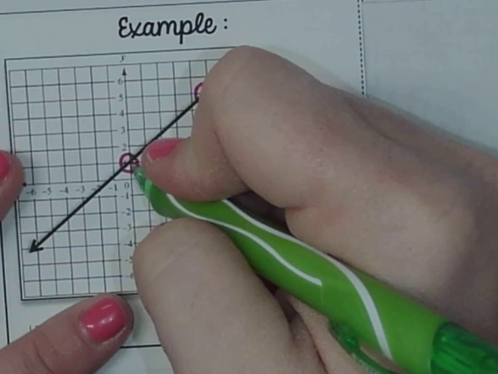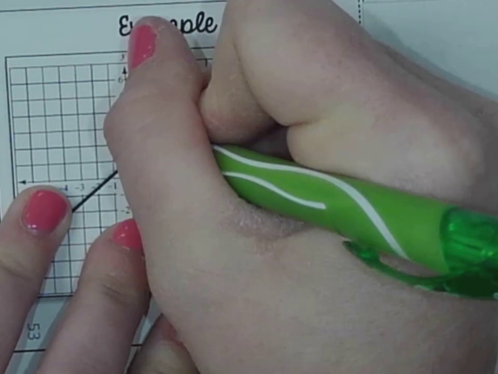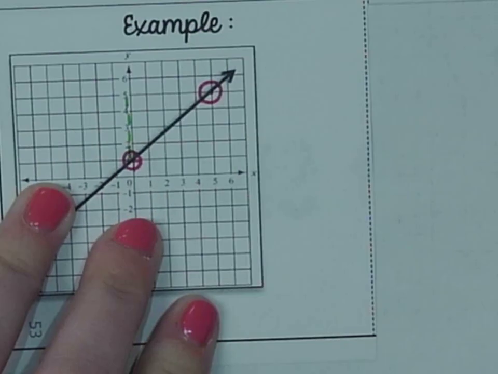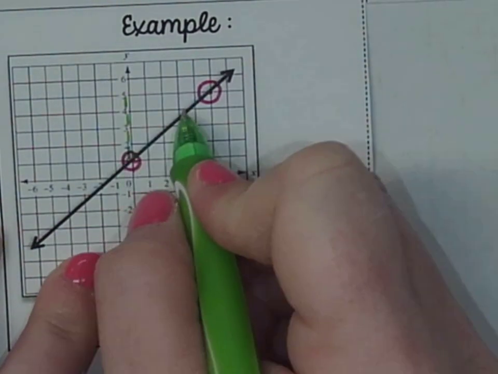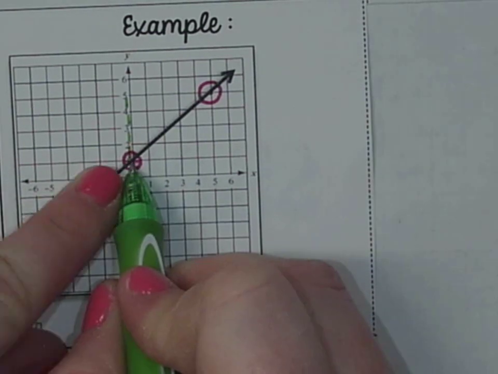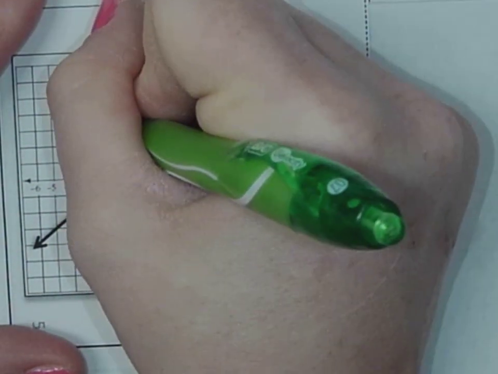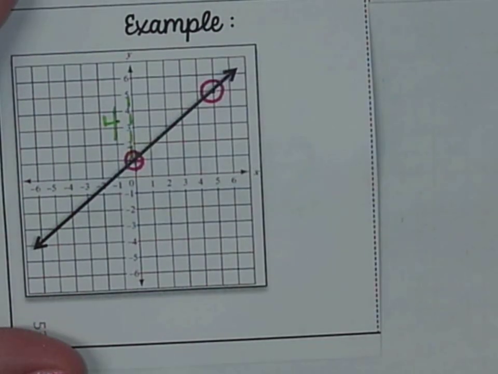So from this point right here, I'm going to find the rise. So I'm going to say 1, 2, 3, 4. And you always want to start here and move to the right. So even if it was going down, you want to start on the furthest left point. So that one is 4.